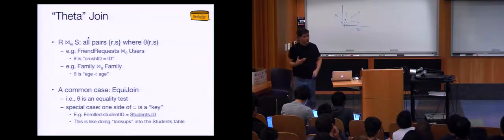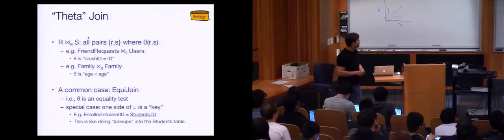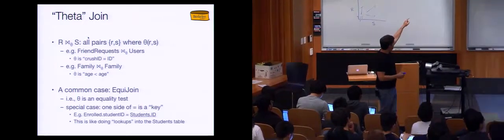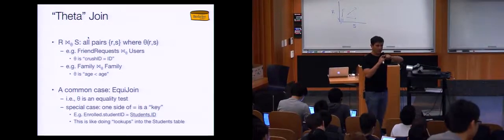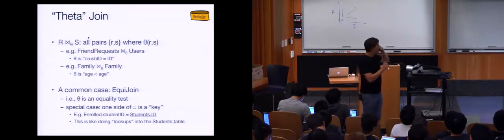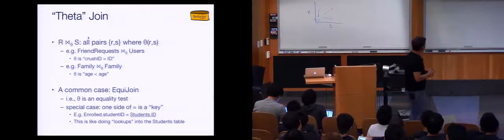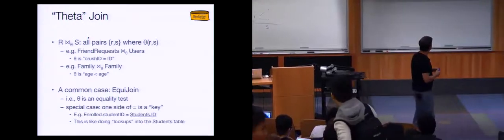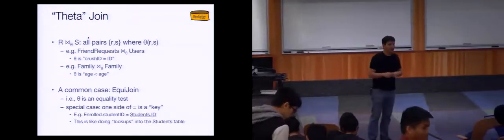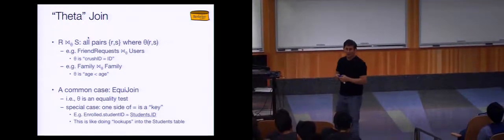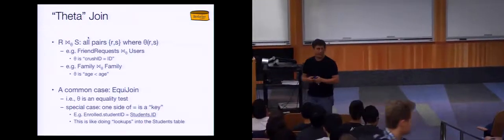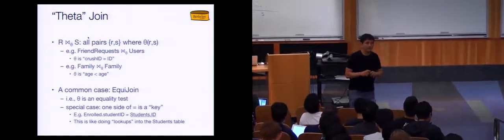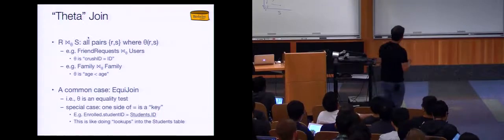A more typical thing you do, though, when you're doing queries is what's often called a theta join, where you're taking R, and that little bow tie symbol is the relational join symbol. Okay. And the subscript theta says find all pairs (r, s) where theta of r and s is true. So theta is some predicate, which means to say some Boolean valued function, all right, that compares R tuples and S tuples.